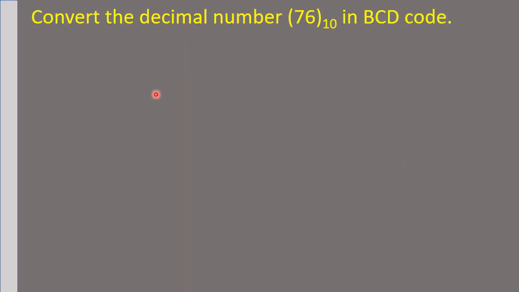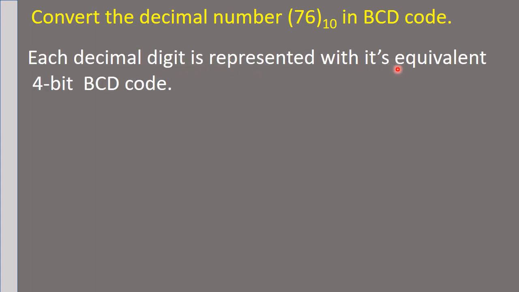Let's quickly go through an example where I have to convert the decimal number 76 into the equivalent BCD code. Each decimal digit is represented with its equivalent 4-bit BCD code. These 4 bits have weights 8, 4, 2 and 1. The decimal number given here is 76. First convert 7 into the equivalent 4-bit BCD code.